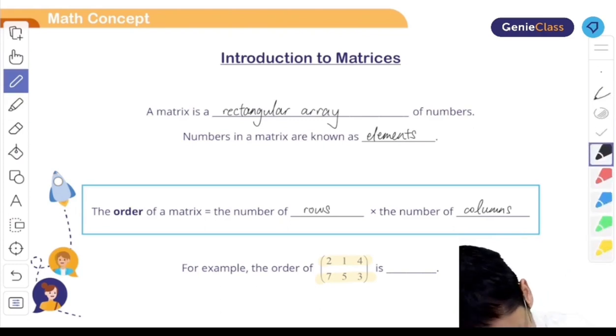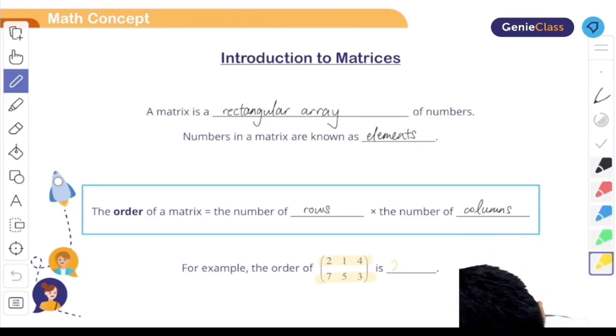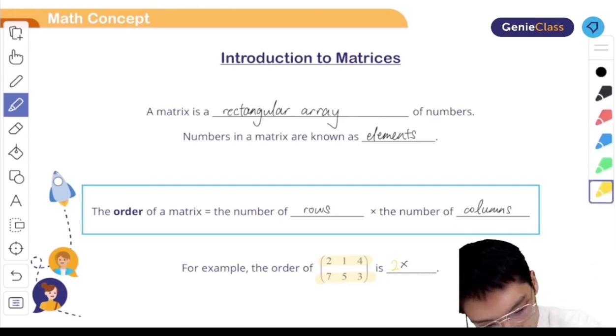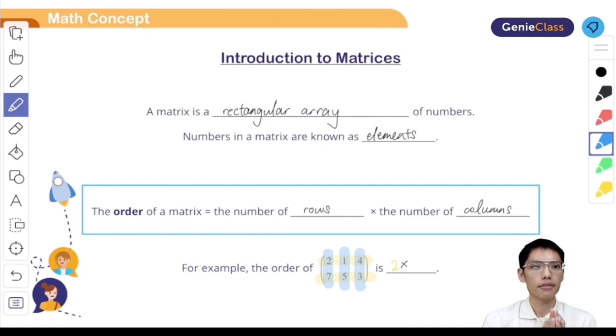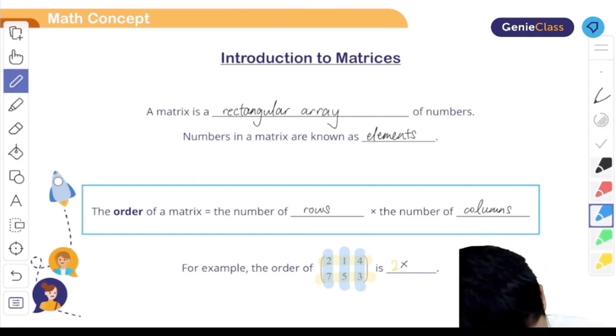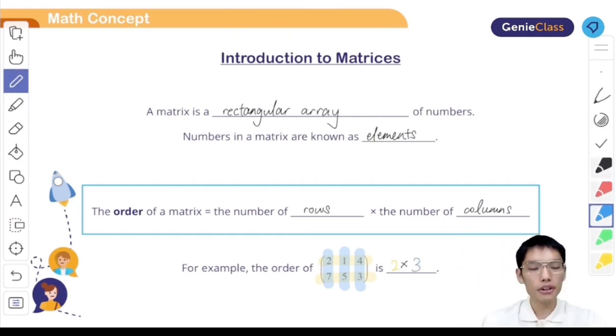So we write 2 multiplied by how many columns? 1, 2, 3. So 3 columns. Therefore, the order of the matrix is 2 times 3. We don't say 6. It's just 2 times 3.